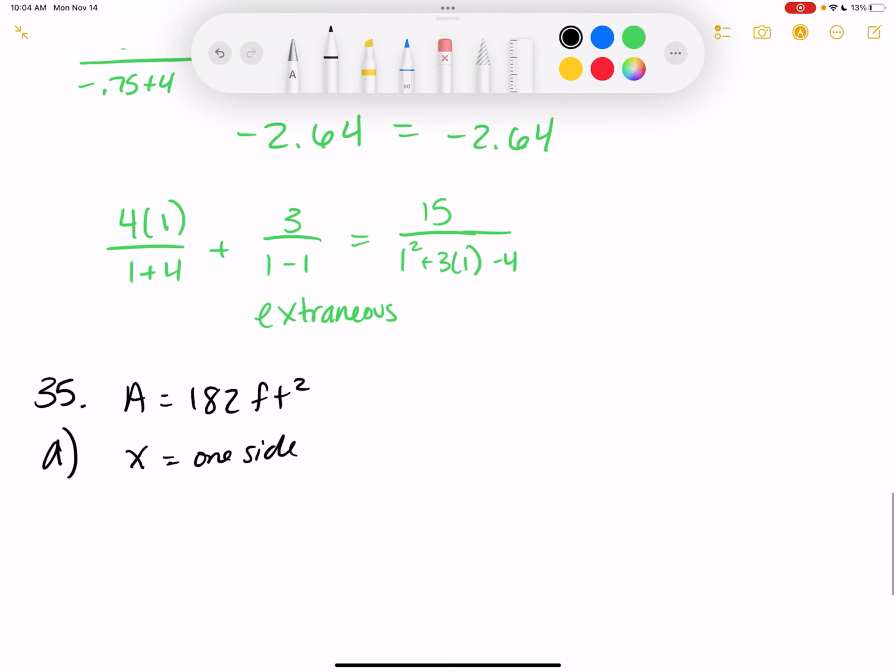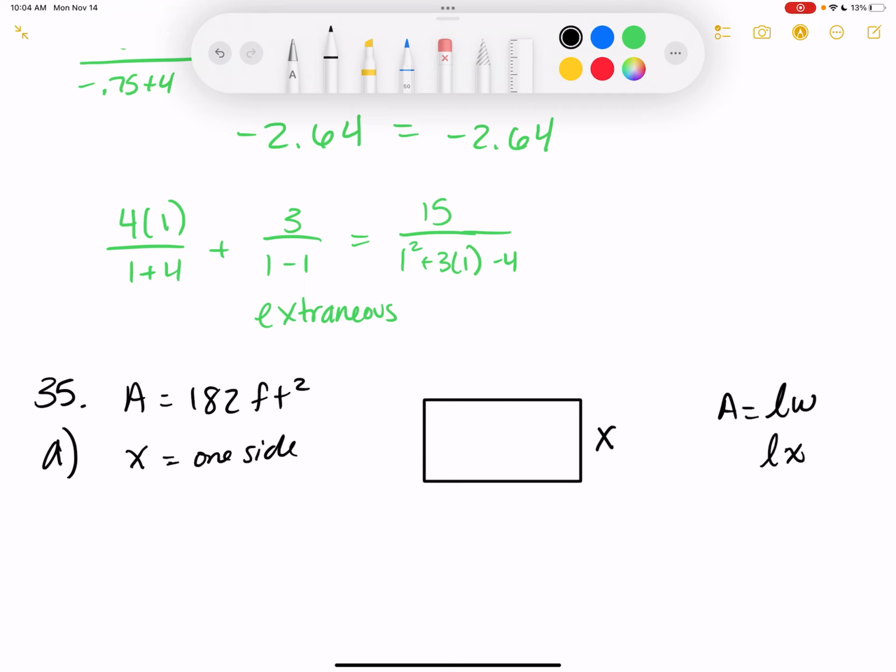Okay, so we have a rectangle. One side is x. Now, what is the area of a rectangle? Length times width. Area equals length times width. Let's just call that the width. So the width is x.